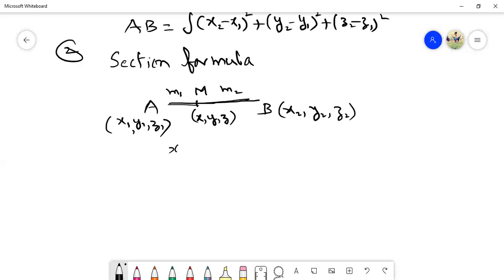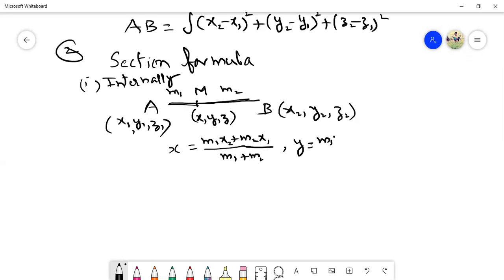So the x coordinate will be equal to m1 x2 plus m2 x1 upon m1 plus m2, and the y coordinate will be equal to m1 y2 plus m2 y1 upon m1 plus m2, and the z coordinate will be equal to m1 z2 plus m2 z1 upon m1 plus m2.